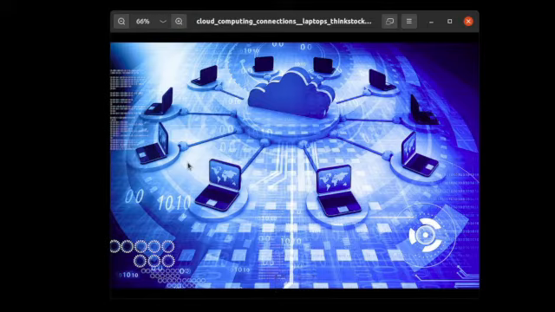So next is network. So what is a network? A network is a connection of our computer to servers, to other computers. A server is a supercomputer. And how do we connect to the network? We connect with our routers.